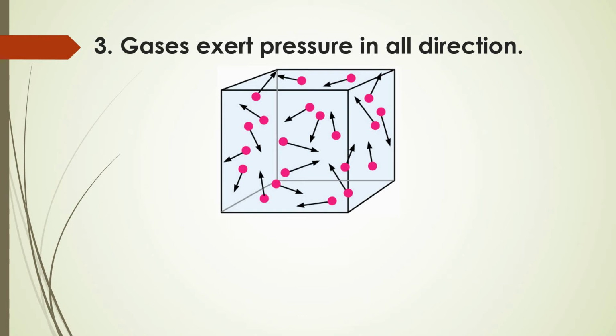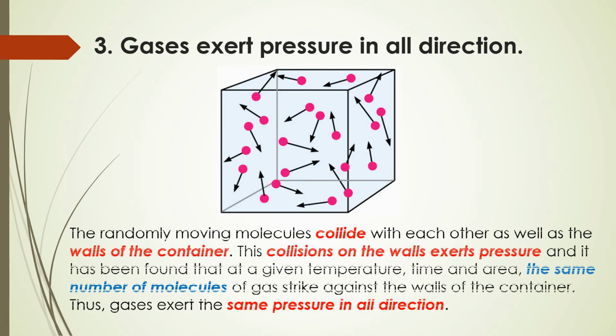Here we can see that gas molecules can move in all directions, and when they move randomly in all directions, they continuously collide with each other as well as with the walls of the container, due to which they exert pressure on the walls of the container.